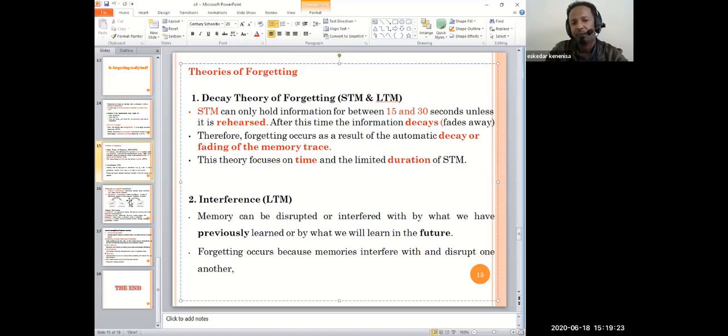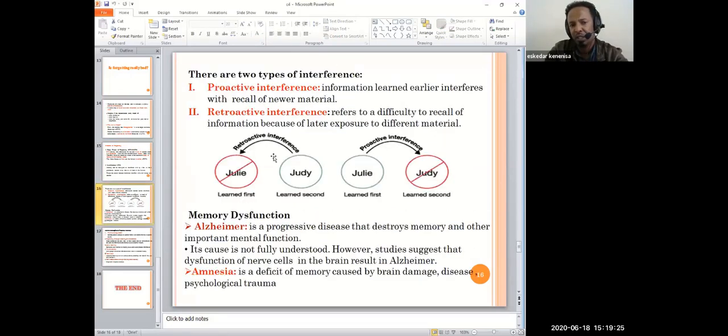Look at the picture. It shows retroactive interference and proactive interference. When we see retroactive interference, say you have a neighbor or a little brother who, when he's 3, 4 or 5 years old, went to America.